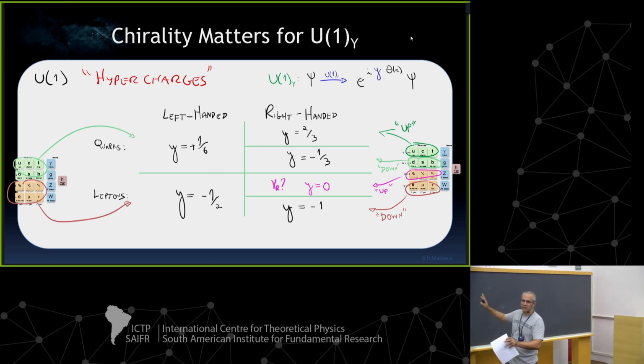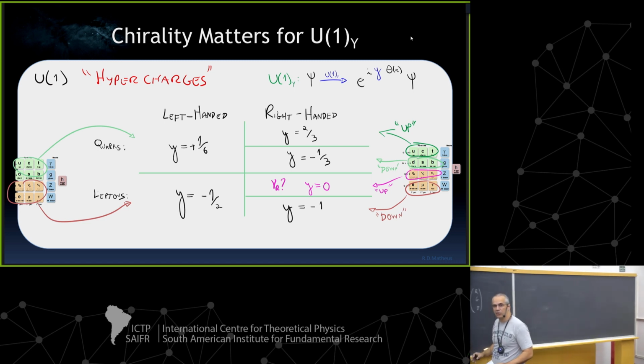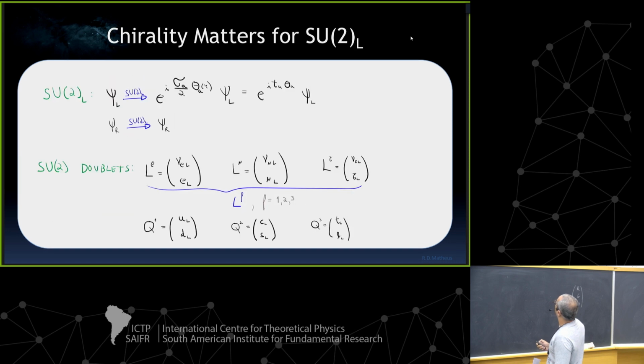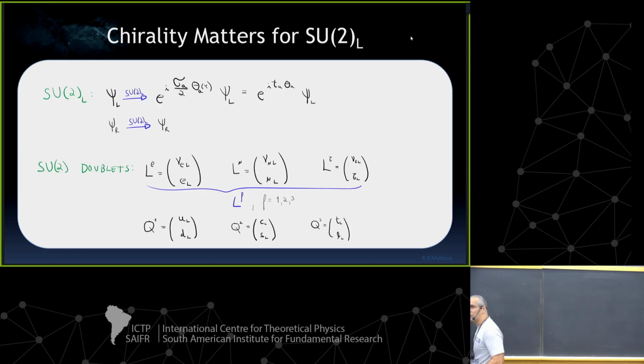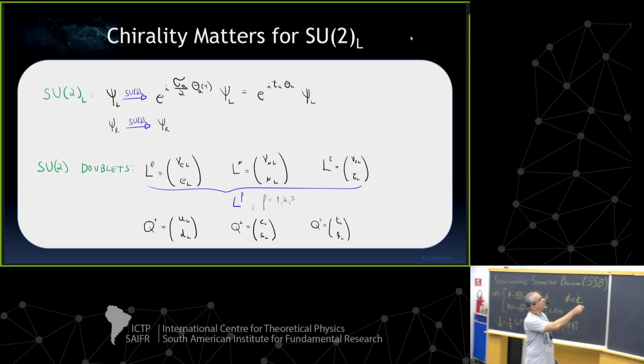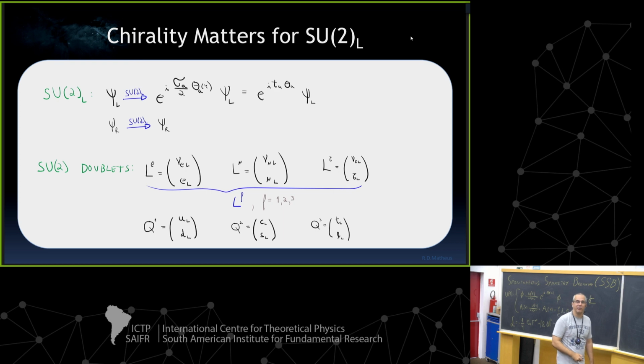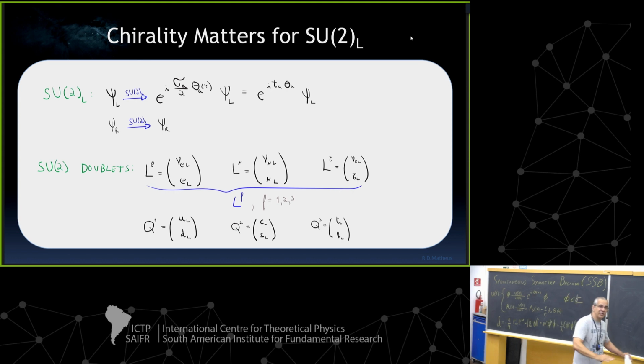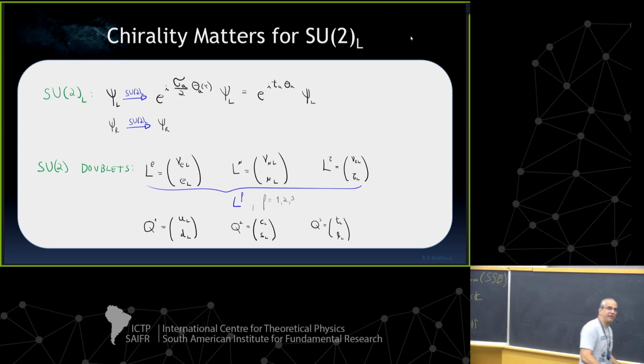So this is the layout on how those particles transform under the U1, right? But chirality also matters, and it matters even more for the SU2 left, because now I'll take these two projections of my fermion, and the left-handed one will transform under SU2. Remember, these are Pauli matrices. Right? And the right-handed guys won't even transform. They just don't have that interaction.